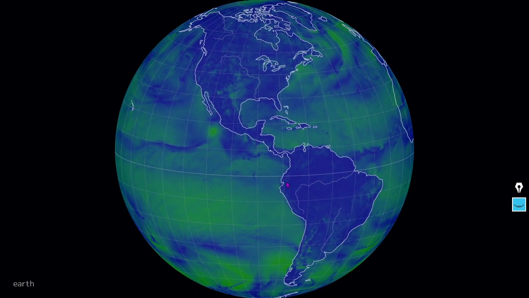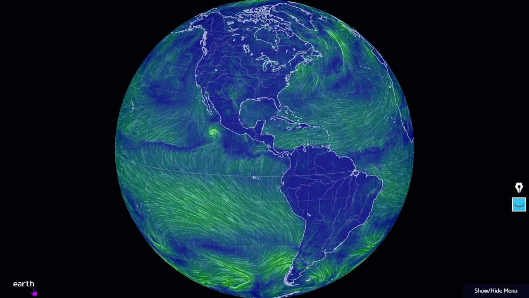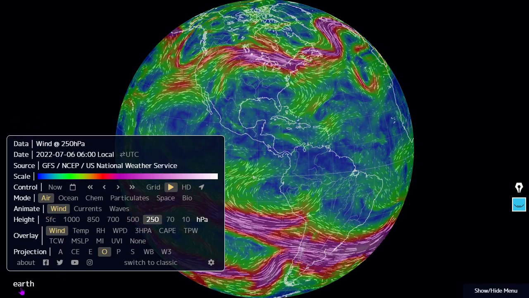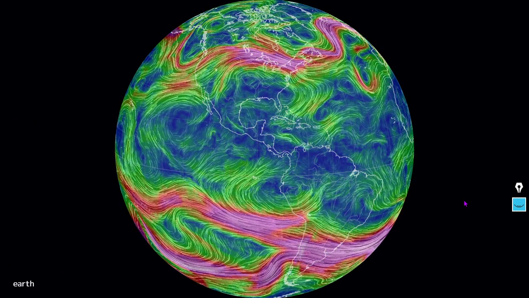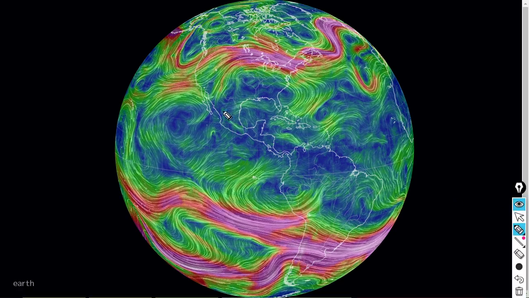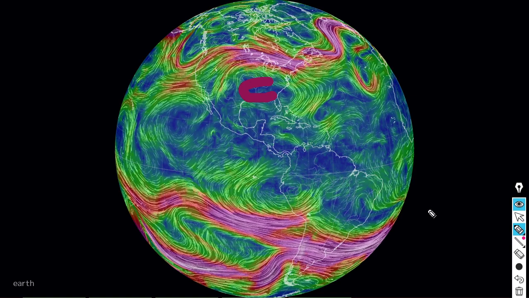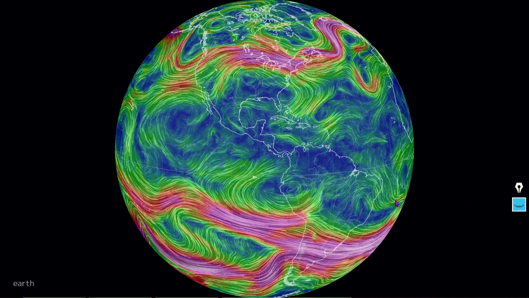Here are surface winds of the Americas. Here are jet streams of the Americas. Convective force is still at play in the east central U.S. as the jet stream is staying well north of that area.